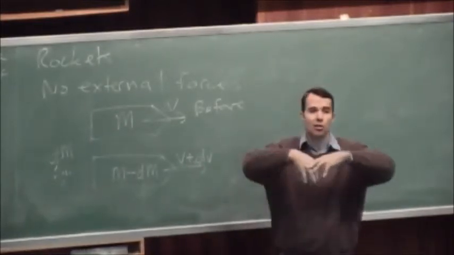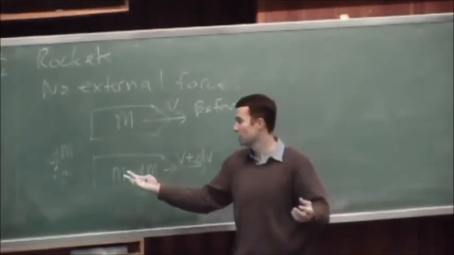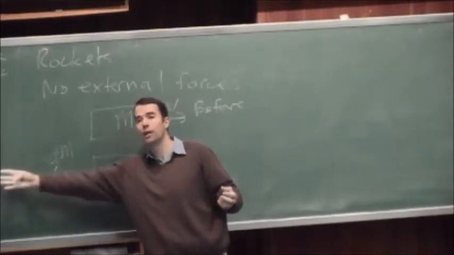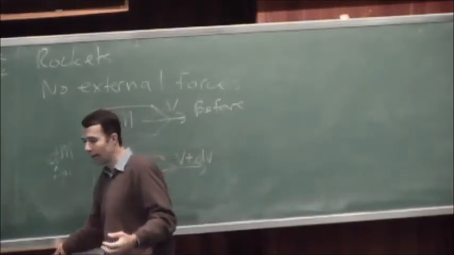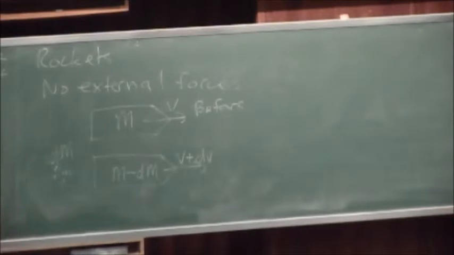So the ability to discharge these particles allows this to go at a higher speed. If you want to think about it in terms of the center of mass, what you've done is you've gotten rid of these particles. Now, the thing I want you to think about here is a really important concept. What we're interested in is the relative velocity of the particles coming out of the back.